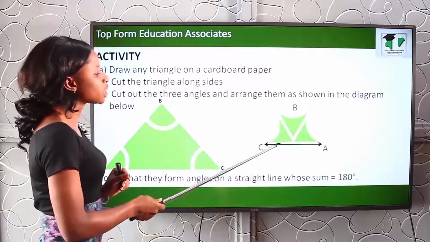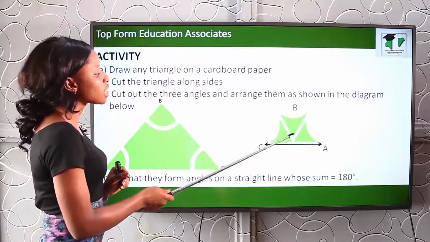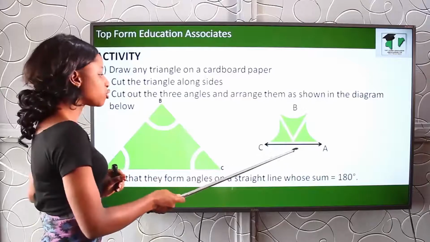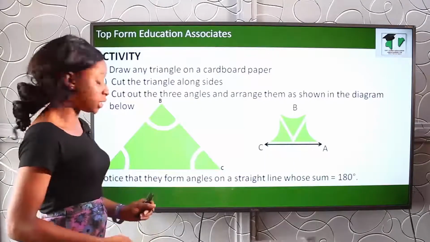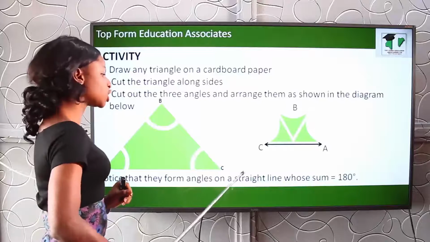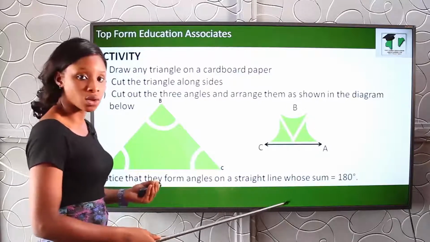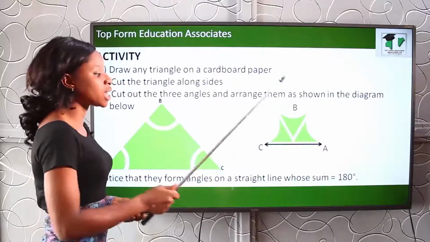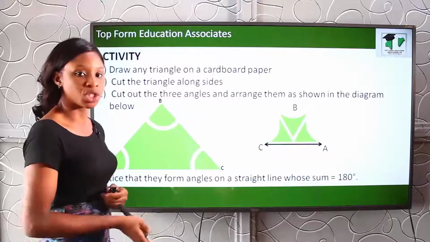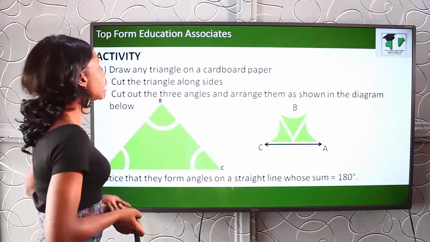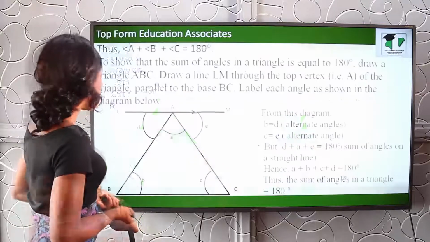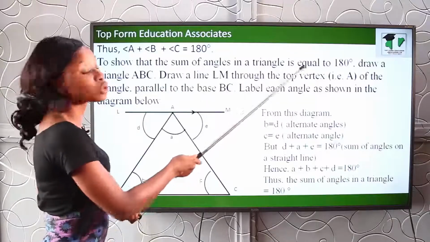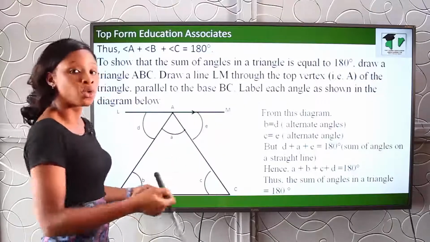Now, when you form this shape, you would see that all the angles we've cut out are on a straight line, therefore proving that angles on a straight line, which from previous discussion is 180 degrees, proving that A, B, and C make angles on a straight line, which is 180 degrees. Thus, this shows that the sum of angles in a triangle is 180 degrees.